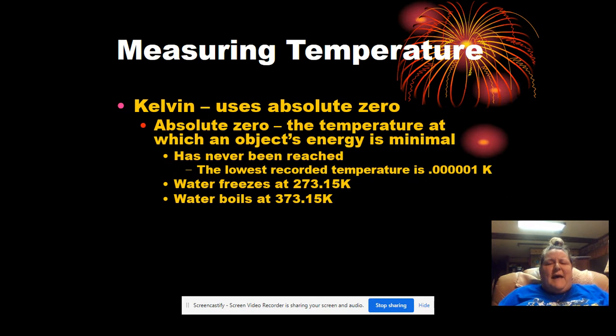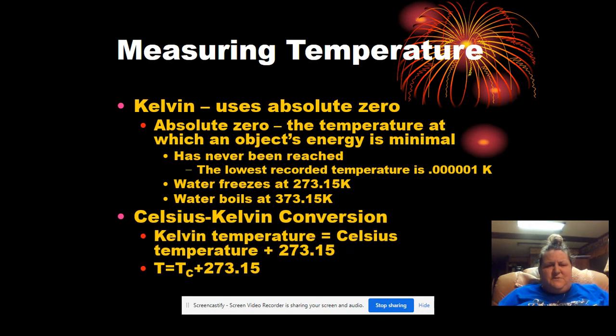And then if you think back to chemistry, you should have talked briefly about Kelvin. Kelvin is based on absolute zero. Absolute zero is the temperature at which all of the particles, the atoms, the molecules of a substance stop moving. Okay? We have never been able to achieve absolute zero, but we've come pretty darn close.